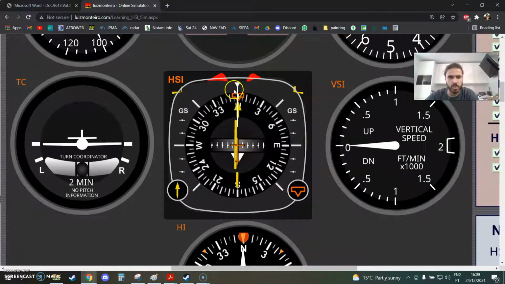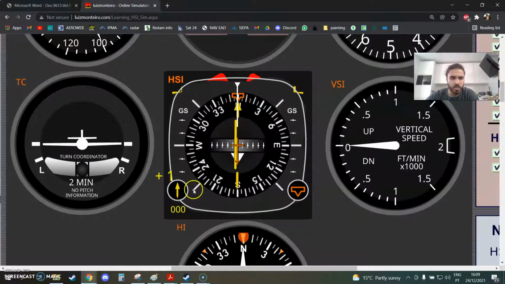It always shows your heading here, and then you have the course selector, the CDI, course deviation indicator, the scale of how many degrees to the right or to the left of the line of position that you selected, and the to and from indicator, and also the heading bug. So you can select whatever heading you want.